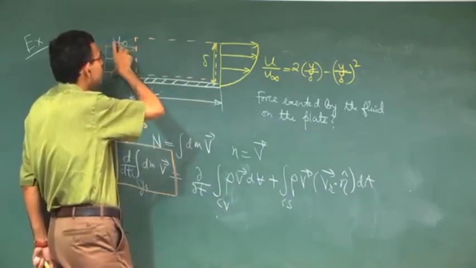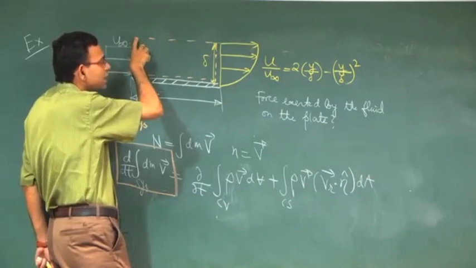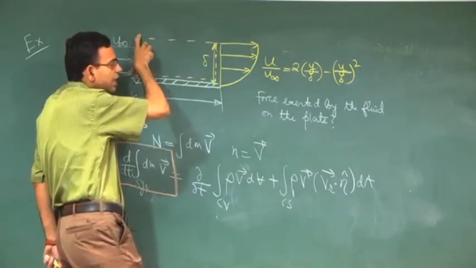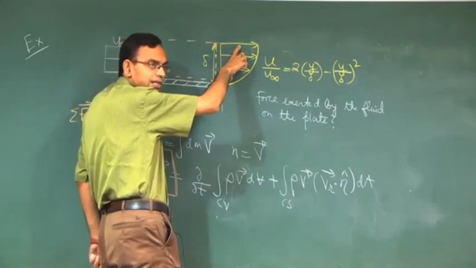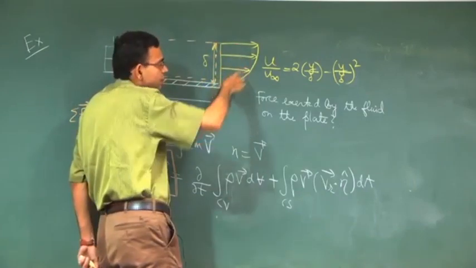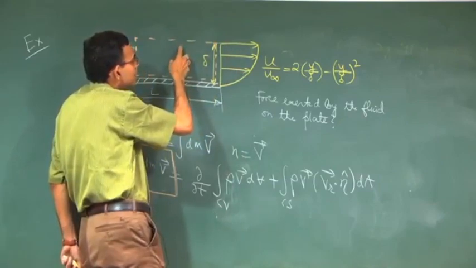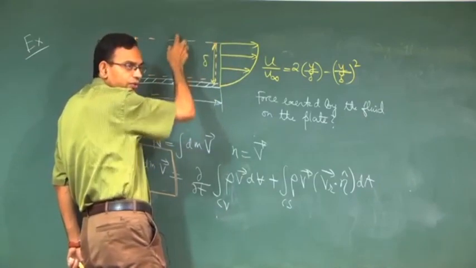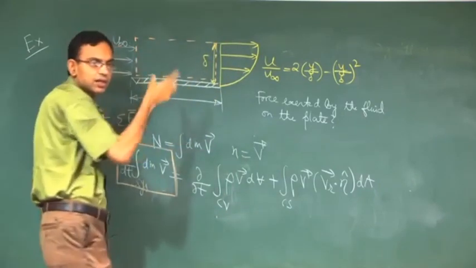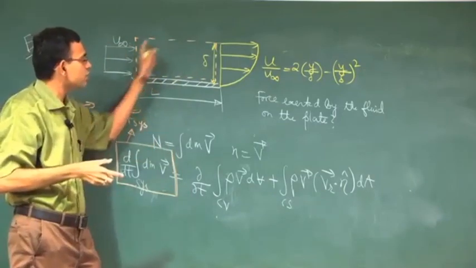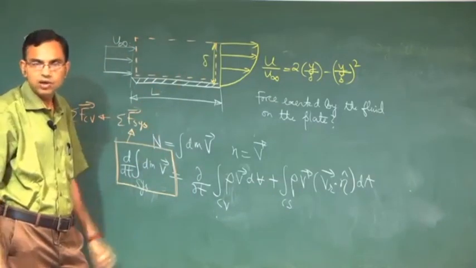Whatever mass is coming in here, less than that mass is leaving here because there is a velocity profile. So the remaining mass should go out of this so that total mass is conserved and there is no accumulation if the density is constant.